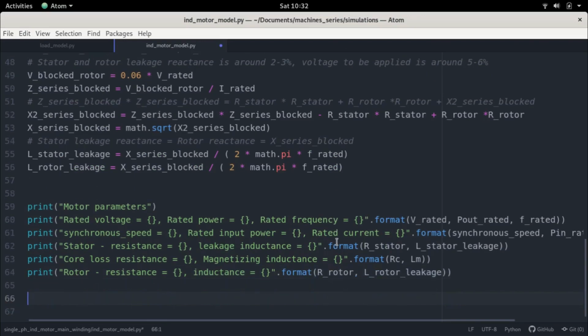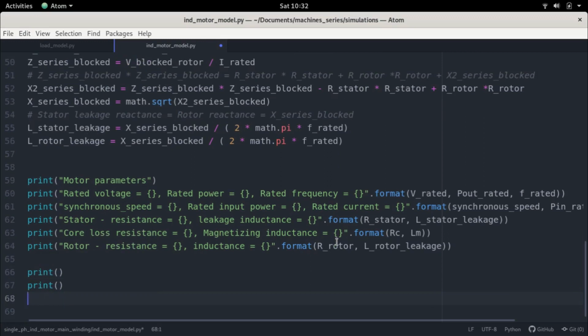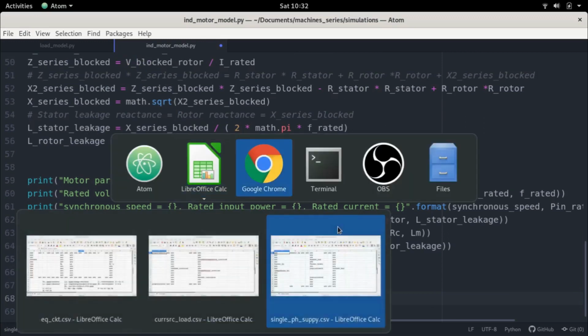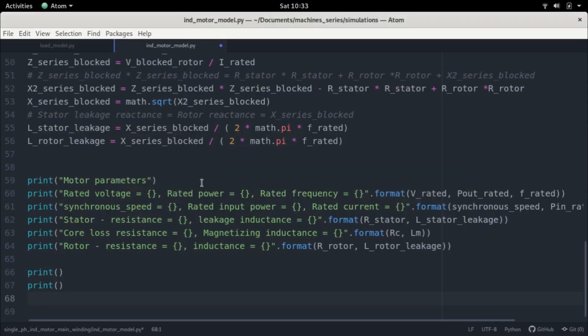Now remember, it's important to note that this control file will be continuously executed at every simulation instant, right? But we do not want a whole page full of results. So basically, if I run it as it is, this entire page will be full of parameters and I will have to break the simulation. So for that, I'm going to use a little trick.